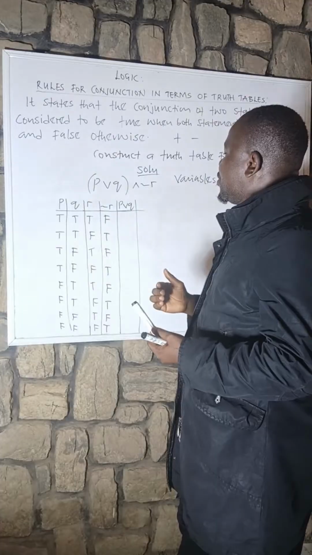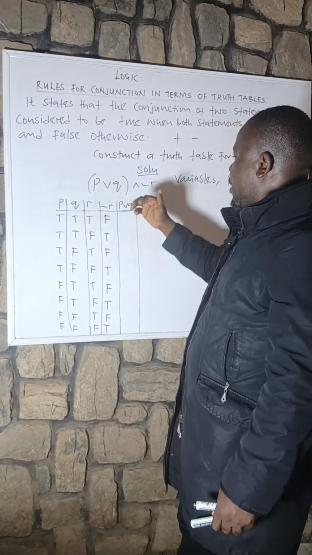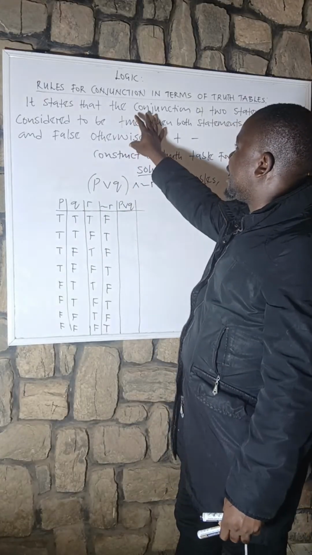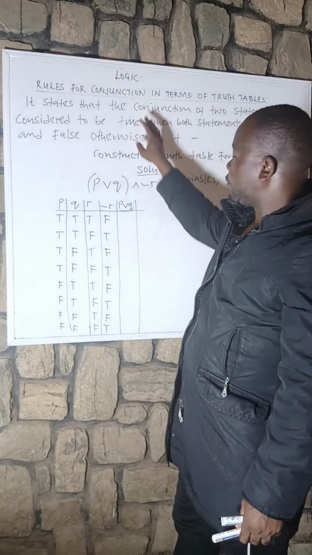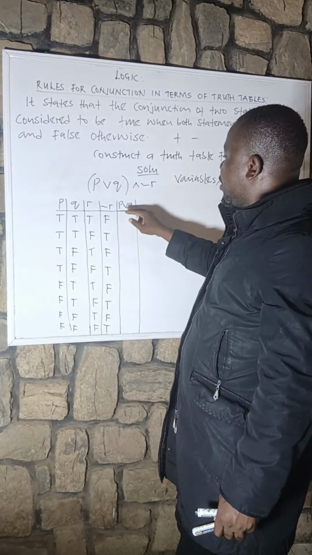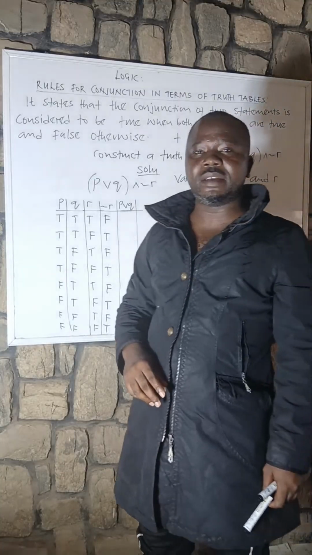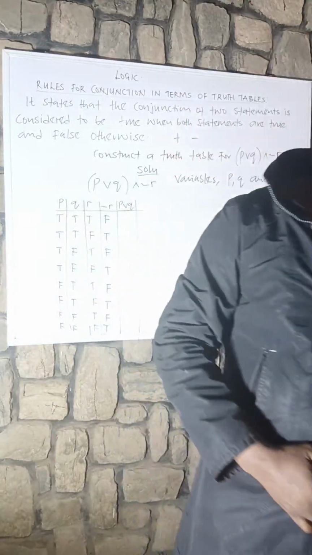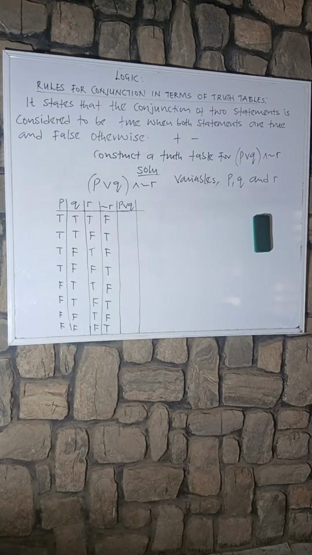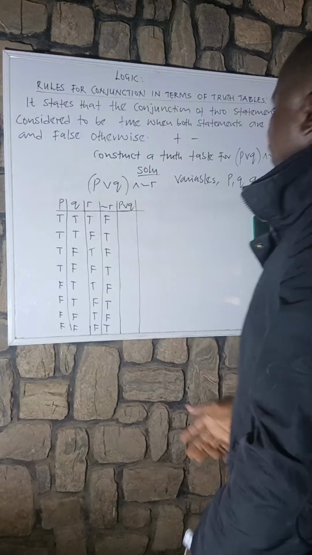What we need to do here is apply this rule to find P conjunction Q. Do you have any question? Drop it in the comment section, please. Any question? Okay, no question, so let's proceed.